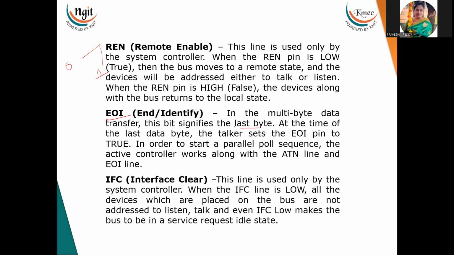If the last byte is placed on the data bus, then the talker will enable the EOI. Also, if multiple request signals are generated, the controller has to poll all the devices to find which device is requesting. For that polling also, along with the ATN line, by using this EOI, polling can be done.